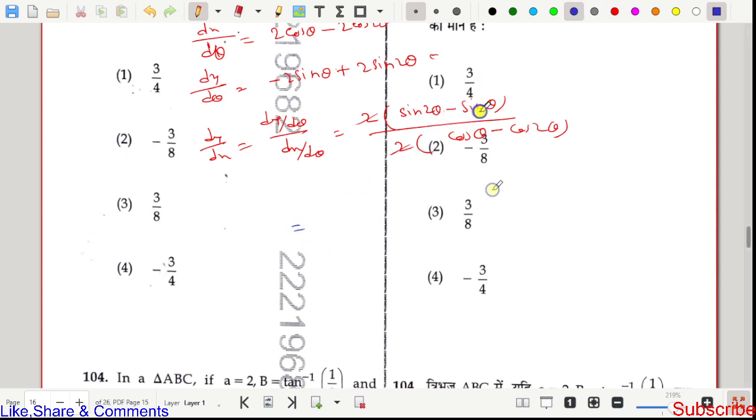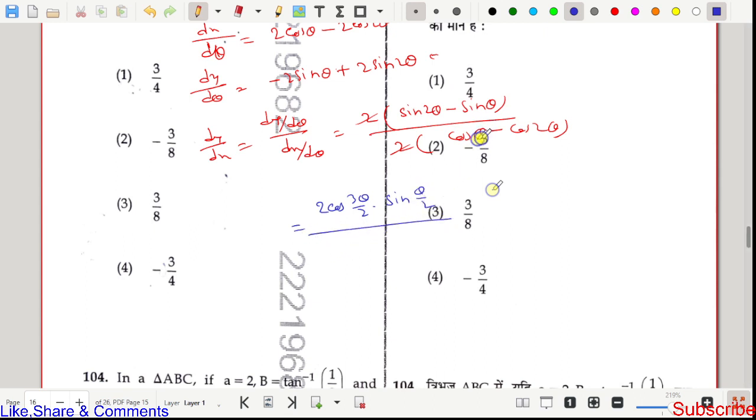Now this is in the form sin A minus sin B. That formula is 2 cos of (A plus B)/2, that means (2θ plus θ)/2, that is 3θ/2, into sin of (A minus B)/2, that means θ/2.